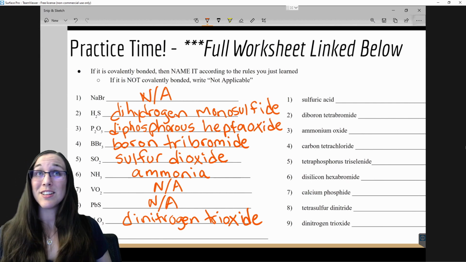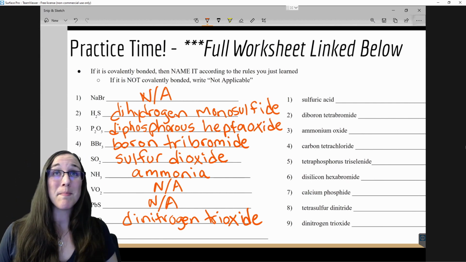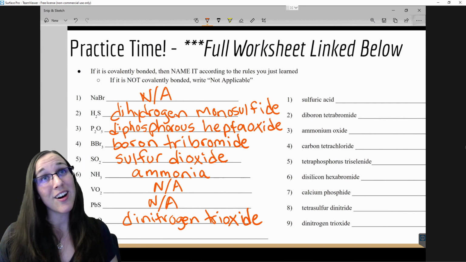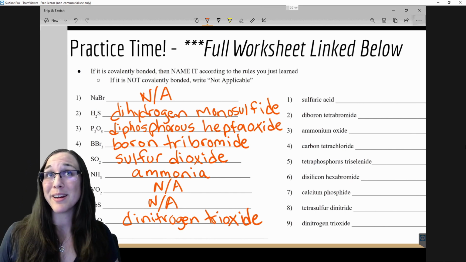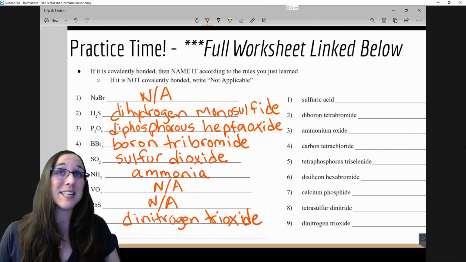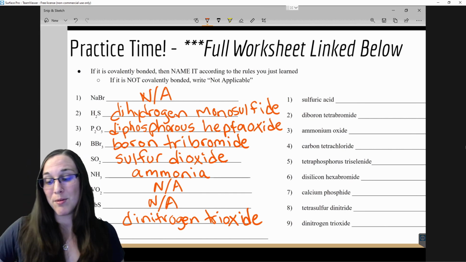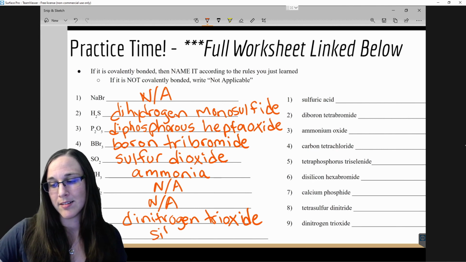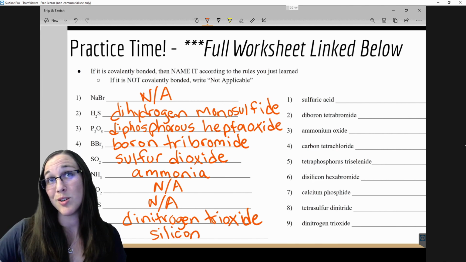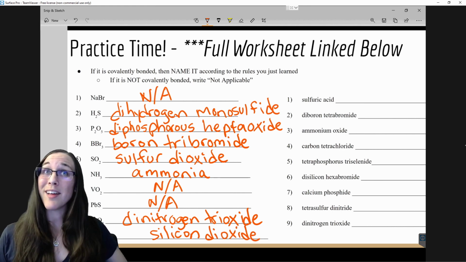Now silicon is along that stair step. It's known as a metalloid, and metalloids in our case can count as nonmetal atoms. So we can use the steps here to name SiO2. That would be silicon, and there are 2 oxygen atoms, so dioxide, and an ide always. I hope you got those all.